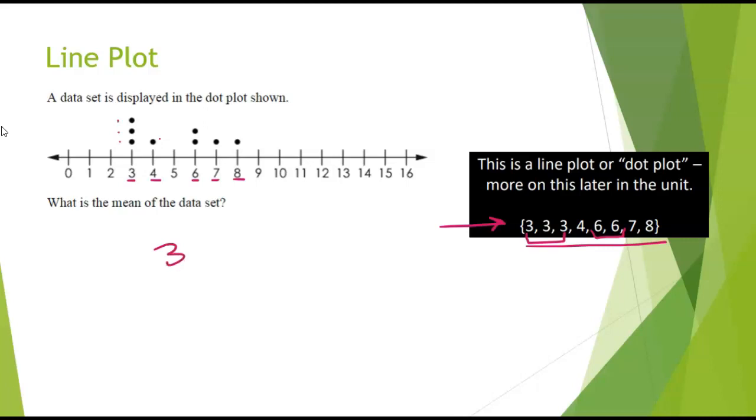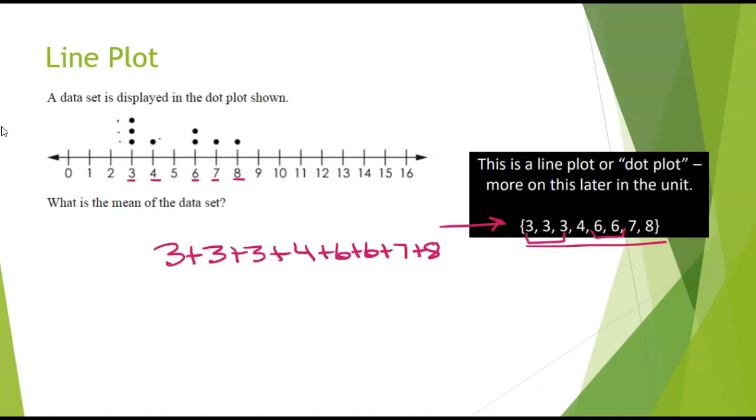So we have 3 plus 3 plus 3 plus 4 plus 6 plus 6 plus 7 plus 8. We add that all together. And what do we get? I'm going to let you stop the video and you tell me what you get. And then you have to divide it by how many data points you have, 1, 2, 3, 4, 5, 6, 7, 8. By 8.